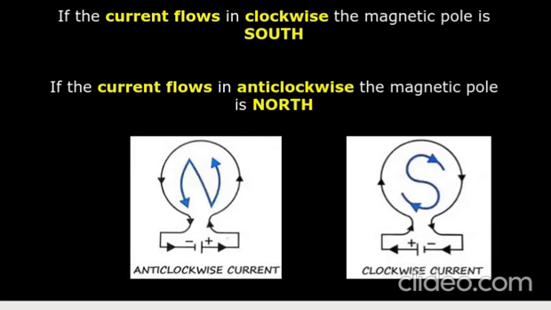If the current flows in a clockwise manner, the magnetic pole is south, and if the current is in an anti-clockwise manner, the magnetic pole is north. If it is like this, it is anti-clockwise. Or if it is like this, it is clockwise direction. This is how we can determine the direction of field in a loop.